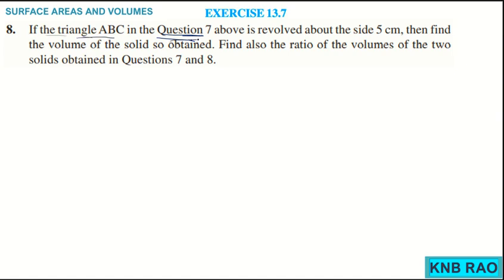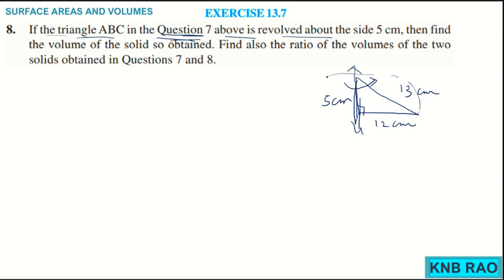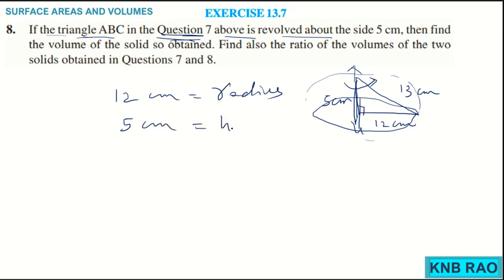If the triangle ABC in question number 7 above is revolved about 5 centimeter, which means now I have 5 centimeter as the axis, and the revolving is happening about 5 centimeter, we get 12 centimeter being the radius and 5 centimeter being the height, and obviously 13 will be the slant height l.